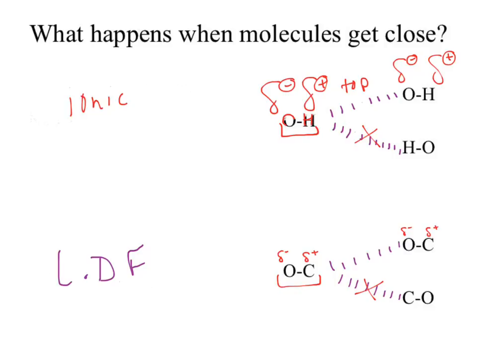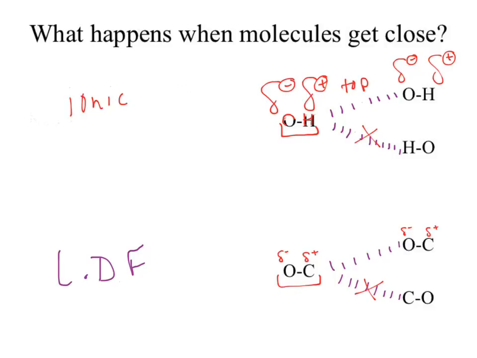Why should they be weaker than the ionic? Yeah, smart people. Partial charges are generated here. In an ionic bond, we had formal charges. Formal charge means there's a big enough shift in electrons to generate a permanent charge. A partial charge means I'm not there yet. I'm less charged. If it's less charged, I'm going to have a closer interaction to the LDF style. So both of these should generate a force that is weaker than ionic.